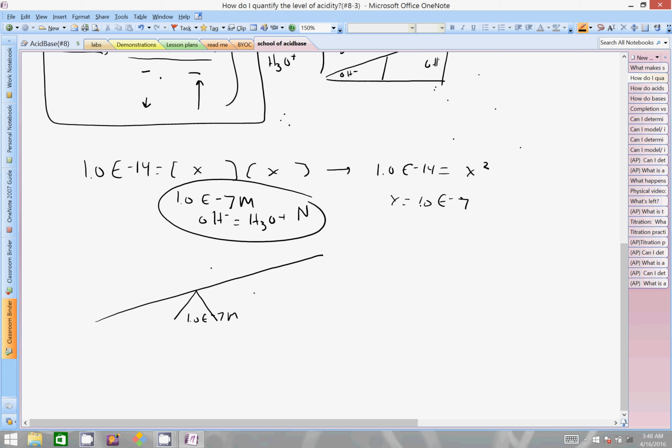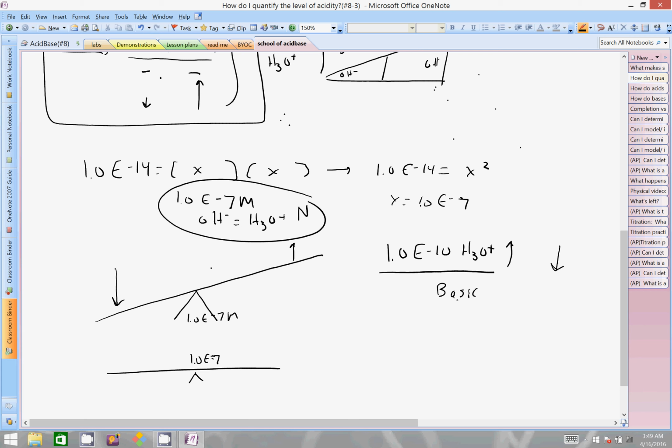So for example, if I have a concentration of 1.0 e to the negative 10th H3O plus ions, the first thing I do is I know that if I'm neutral, my balance would be 1.0 e to the negative 7th. Did my H3O plus ions go up, or did they go down? Looks like e to the negative 10th is smaller than the midpoint, e to the negative 7th. Therefore, my H3O plus ions went down, and my hydroxides went up. Therefore, I am basic.